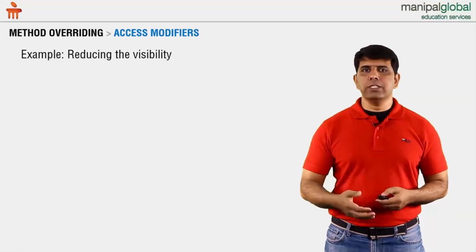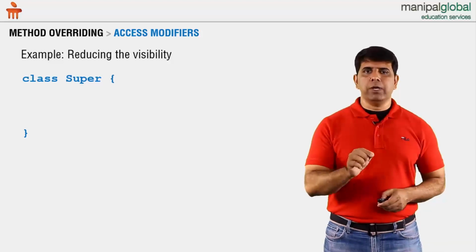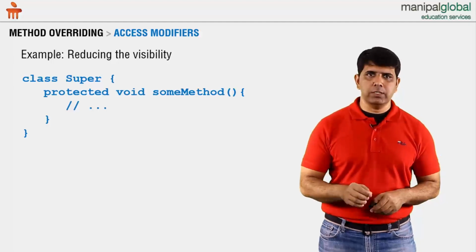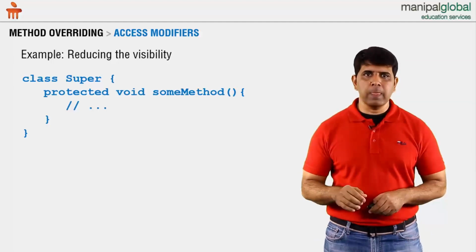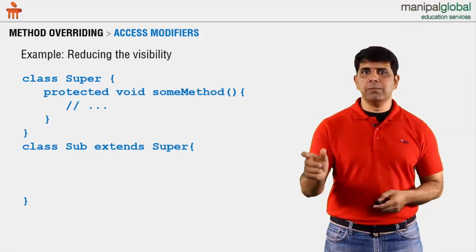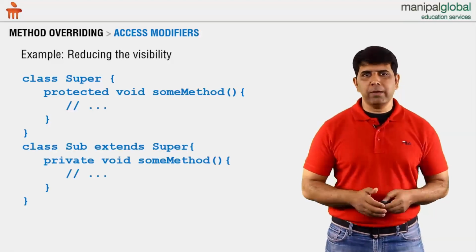Now, reducing the visibility, let's take an example. We have a class called Super and the method is protected in the superclass: protected void sum method. Now in the subclass, we are trying to rewrite that as void sum method, but we make it private.